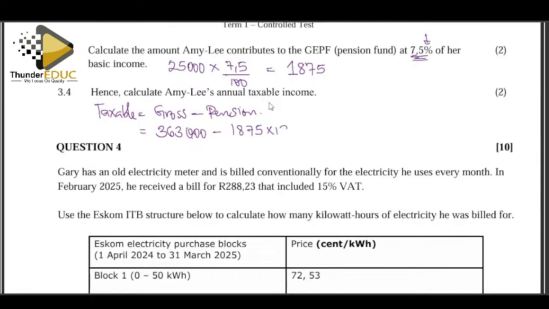But this also has to be annual. So what answer do you end up having as a taxable income? When you subtract, I believe you remain with 340,500.